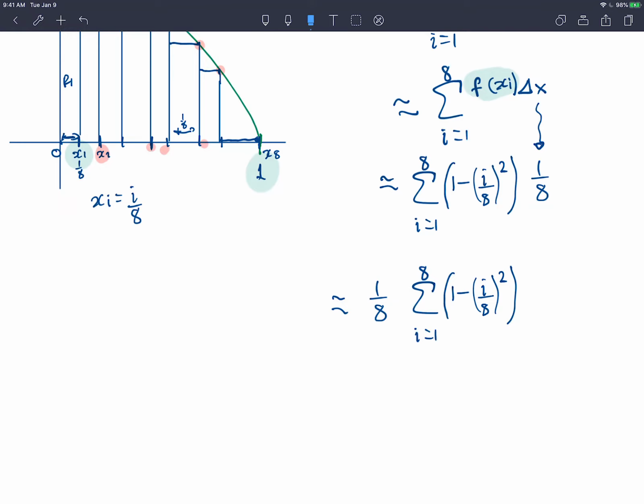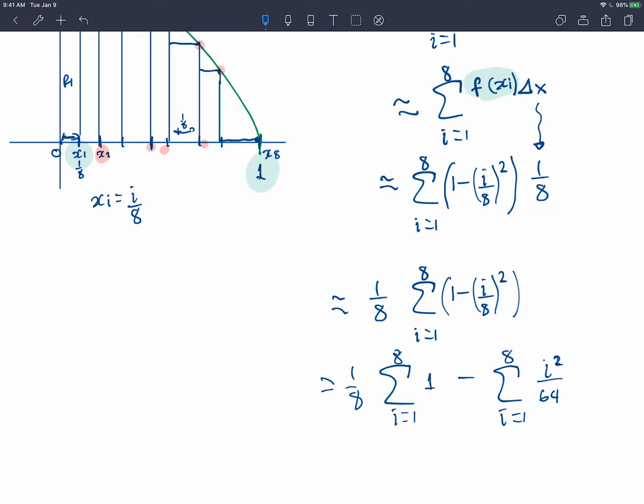Okay. And so then I don't need this parentheses. Well, I kind of do because they're inside this sum, so I'll leave the parentheses if you want. But what this means is I have the 1/8 outside, and I have two terms. I'm adding from i equals 1 to 8 a 1, and I'm subtracting, from i equals 1 to 8, the i squared over 64, correct?